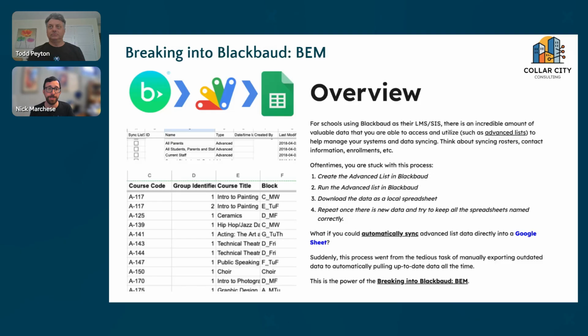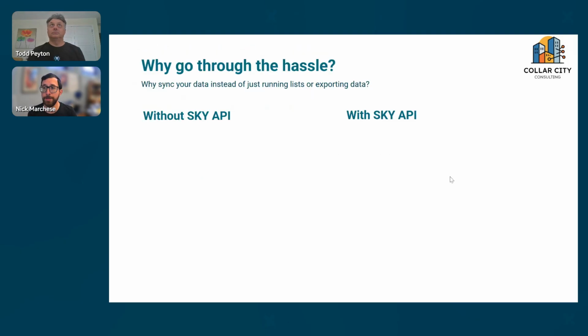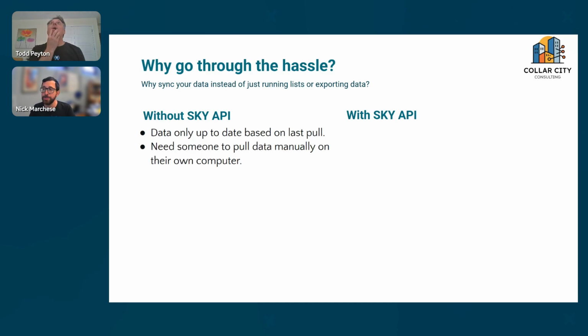If you go to the next slide for me, Todd. I'm going to make you click through this, I'm sorry, while I go through the hassle of setting something like this up. Without the Sky API, typically you're running those lists and manually pulling that data out, and it's only going to be as up to date as the last pull.